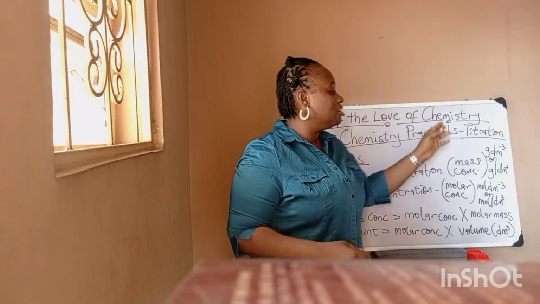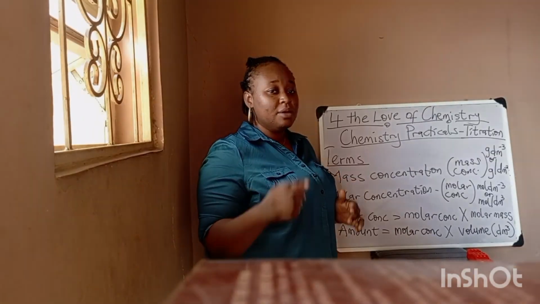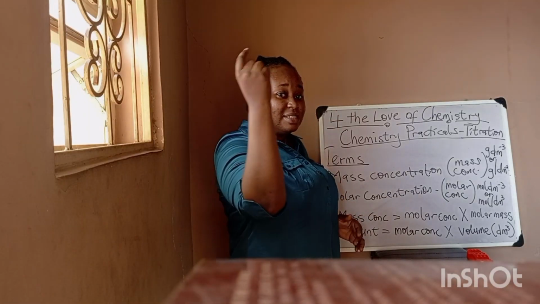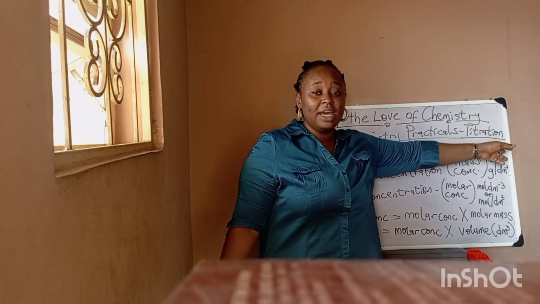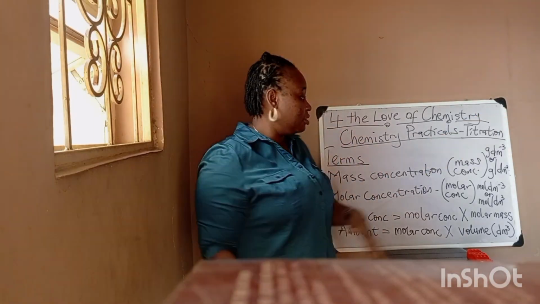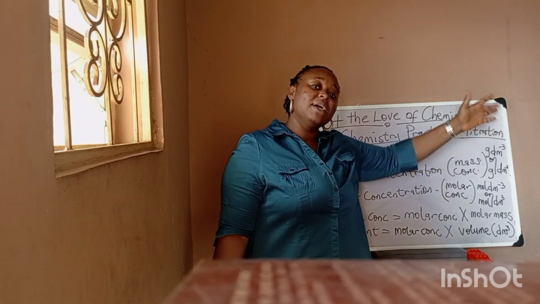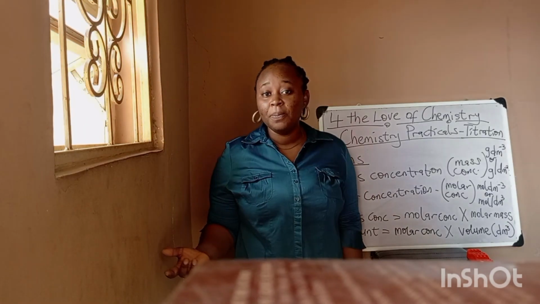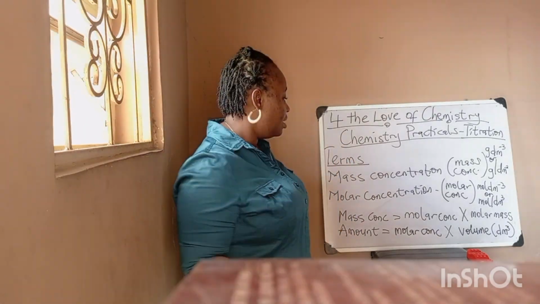If you want to write g dm, make sure you are raising it to power minus 3. That minus, you already know, means divide. A negative exponent means division. So it's gram divided by dm cubed. This is like mass over the volume. That's the mass conc, okay?